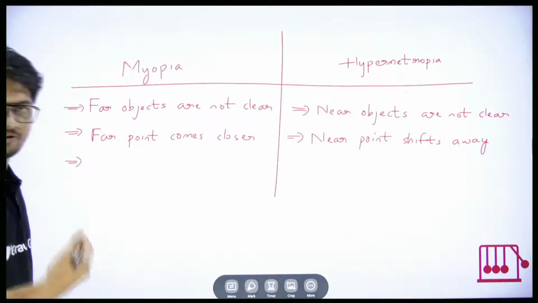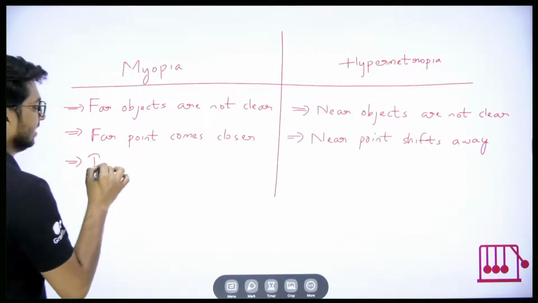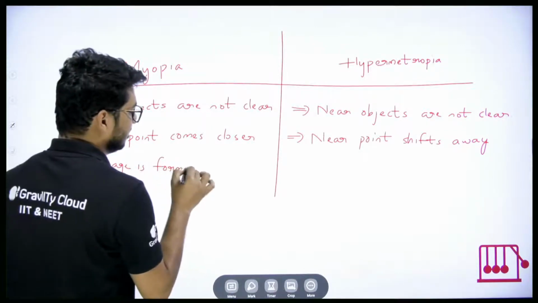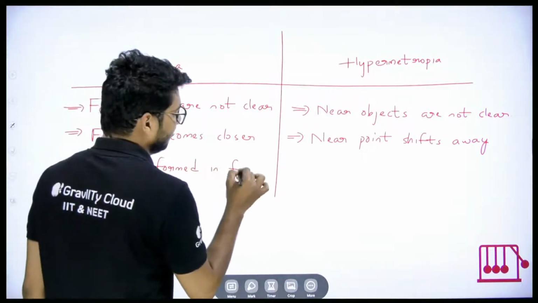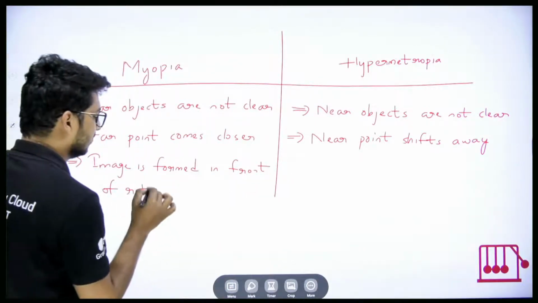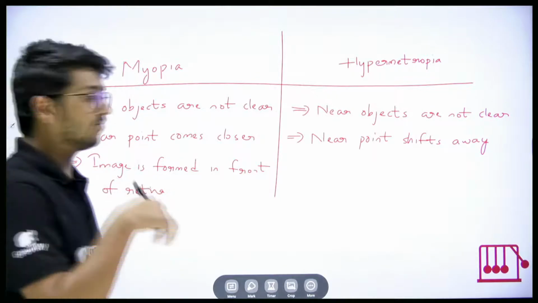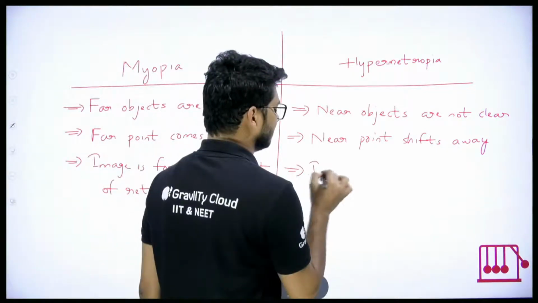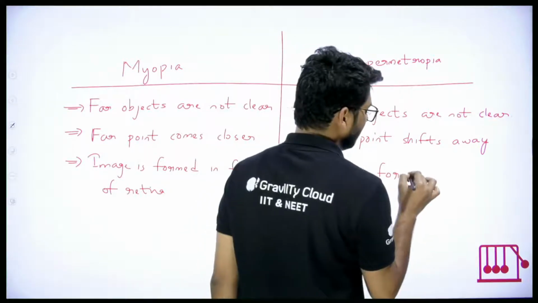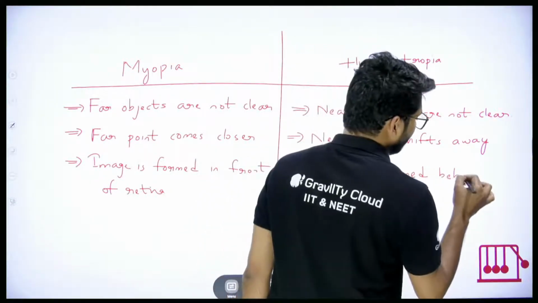Right? And in the case of myopia, the image is formed in front of the retina. Very important but basic points again. Whereas in the case of hypermetropia, the image is formed behind the retina.